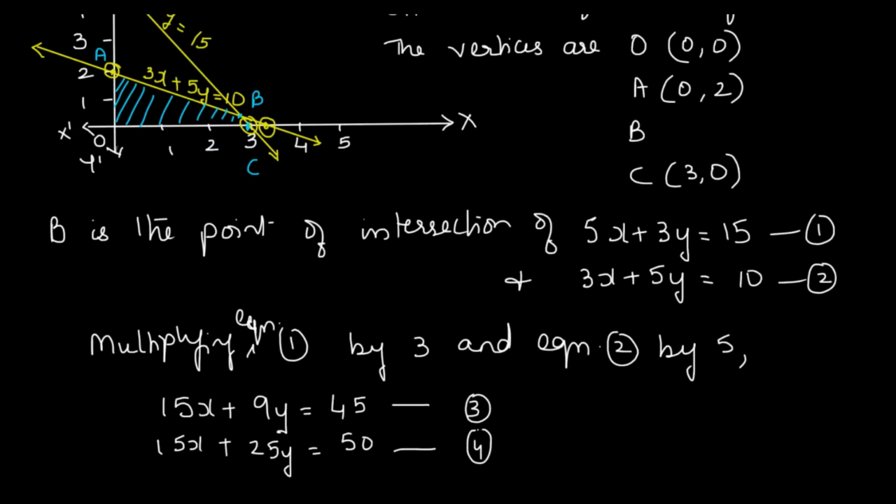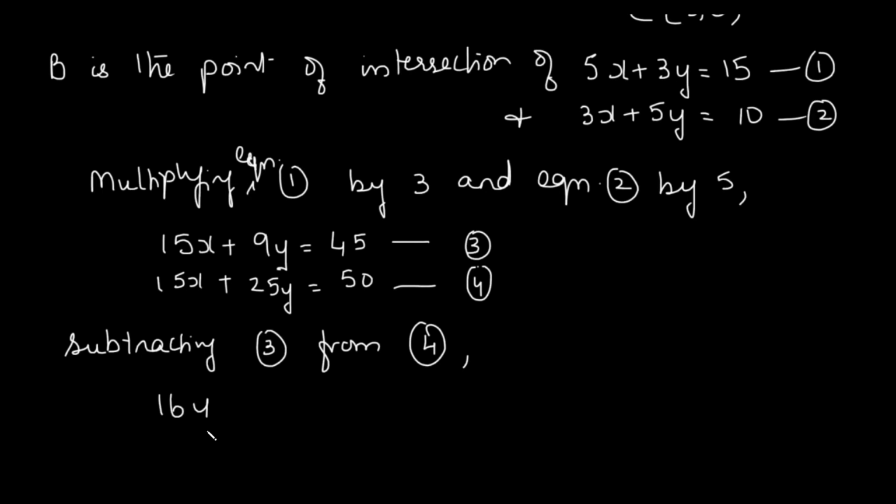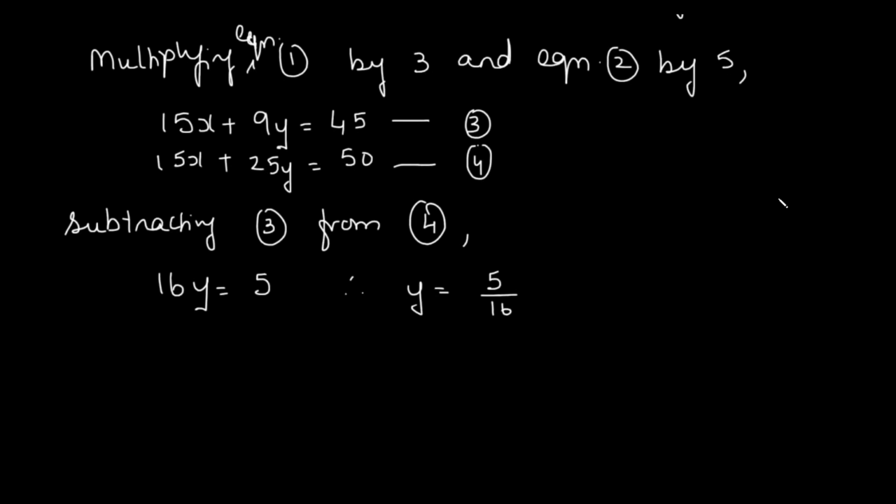Now we subtract 3 from 4. So 15 minus 15 we get 0, 25 minus 9 we get 16y is equal to 50 minus 45, so we get 5. Therefore, y is equal to 5 upon 16.